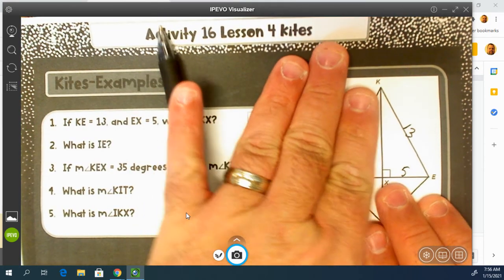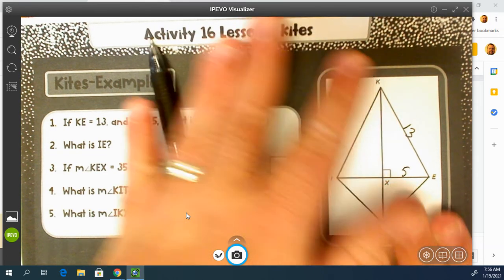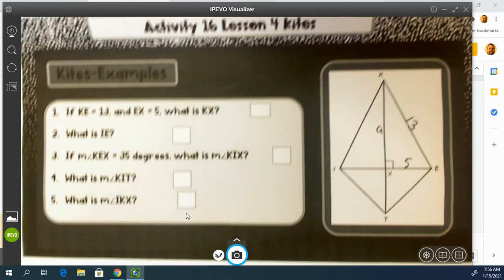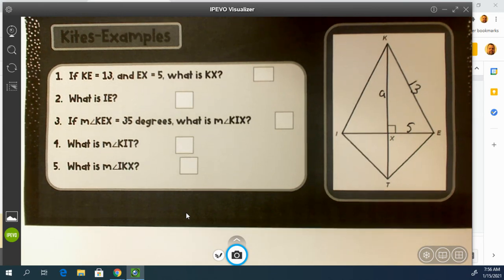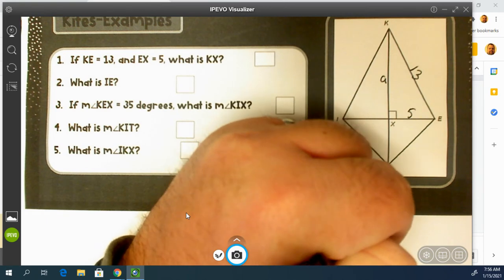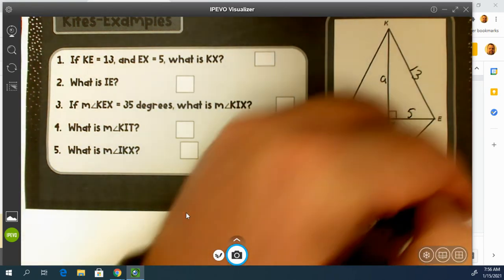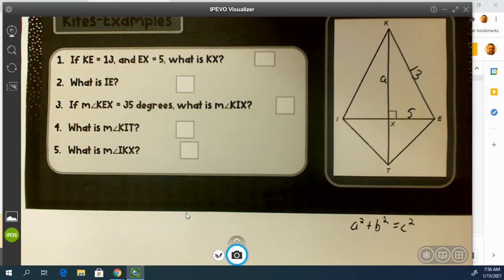So what I'm looking at here, this is a right triangle. And I can always find the missing side. Let me call this A. By using something that we talked about earlier in the year, called the Pythagorean theorem. So remember this, the legs squared added together, a squared plus b squared, equals the hypotenuse squared.